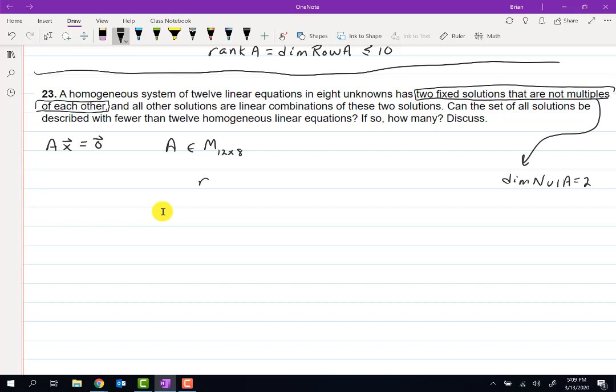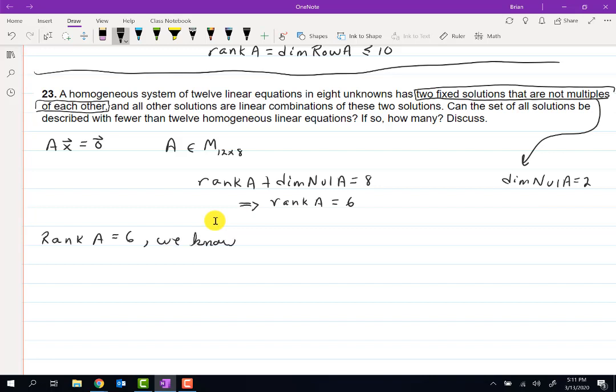So we have the rank of A plus dim null A equals 8. And then rank of A would equal 6. All right, if rank A equals 6, we know that the column space of A is isomorphic to R6.